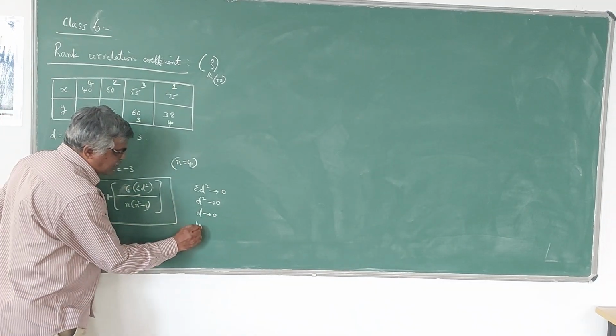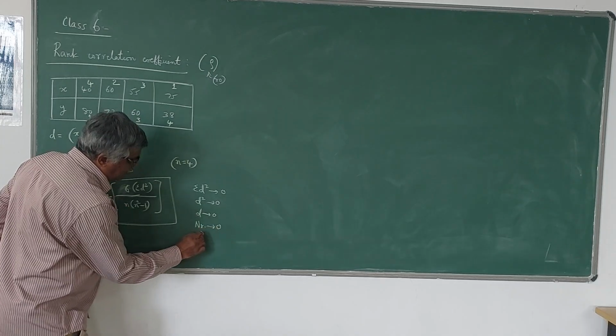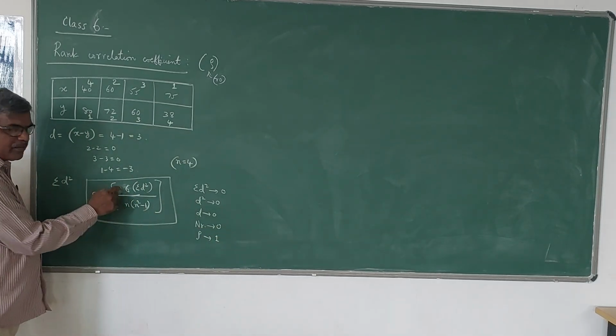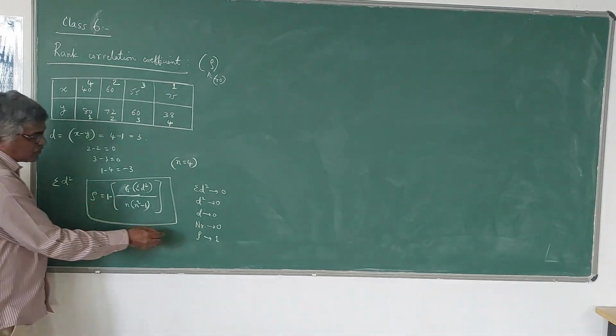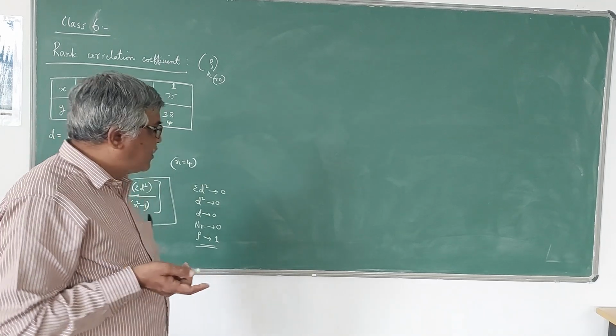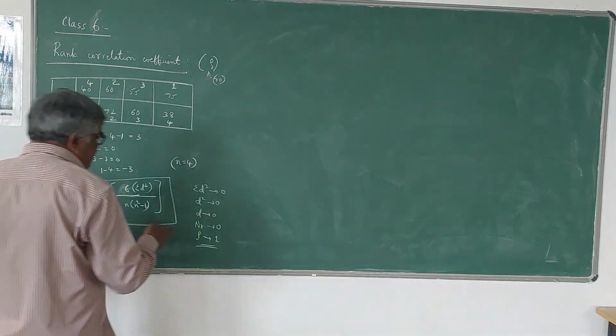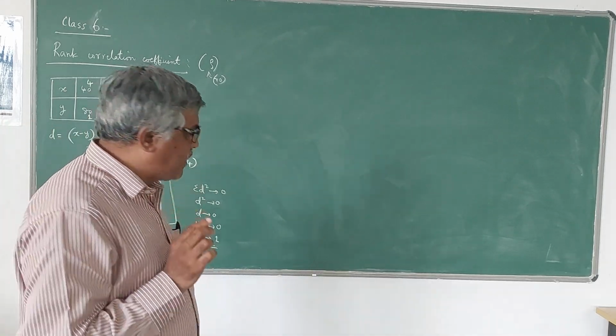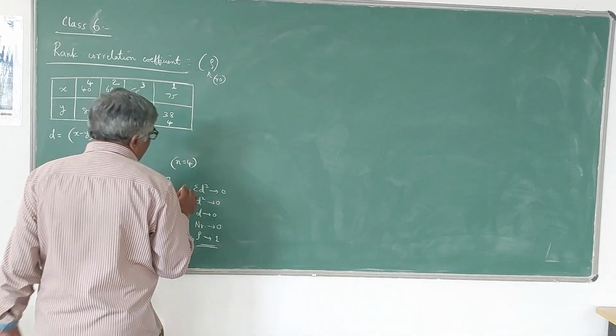When the numerator becomes 0, 1 minus this becomes 1. So rho becomes 1. That means if there are no deviations in the ranks of each set of data, the rank correlation coefficient will be equal to 1. That is the maximum value, rho equal to 1.